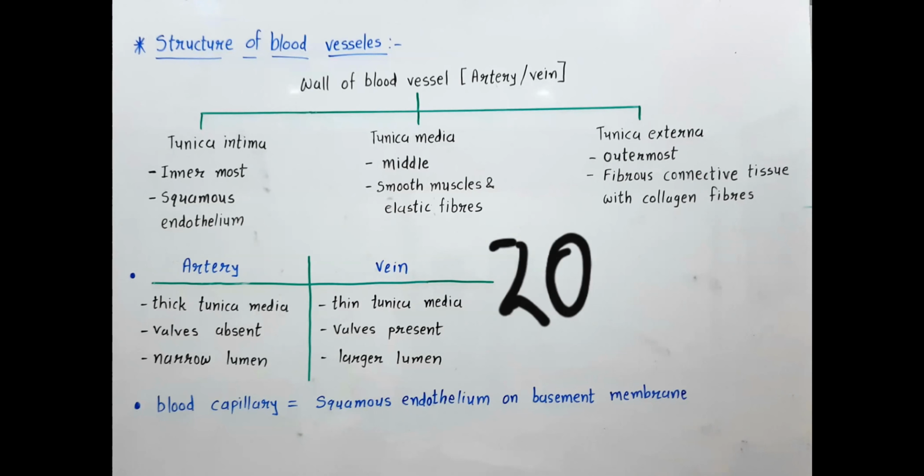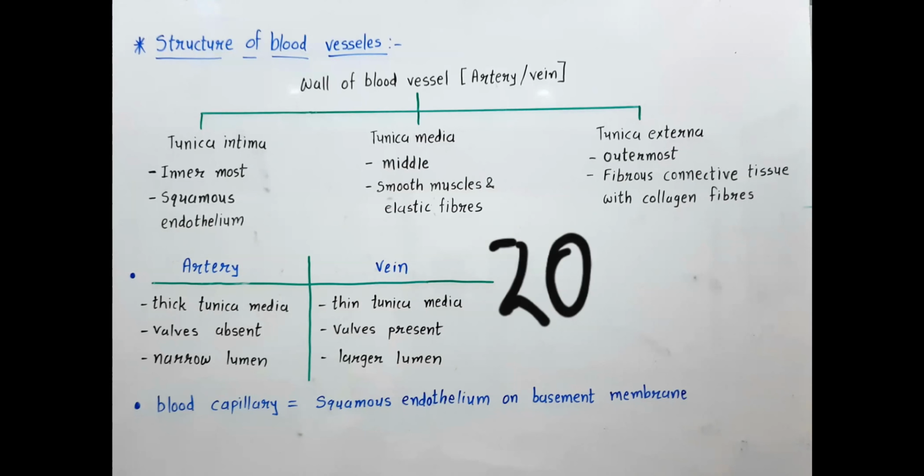So that's the basic concept that you have to remember, that there are five different types of blood vessels: artery, arterioles, venules, and veins, and in between them, capillaries.